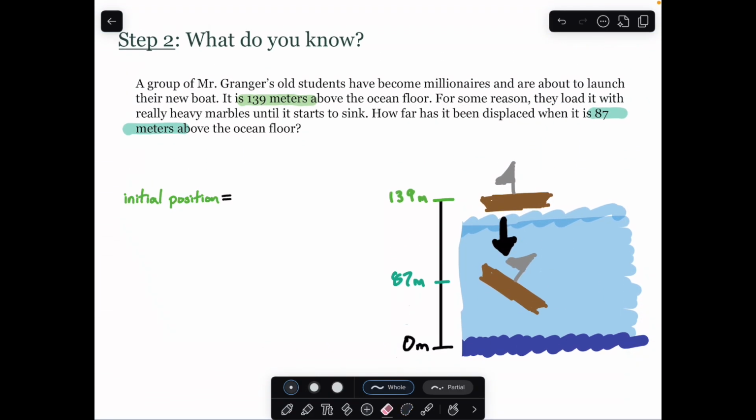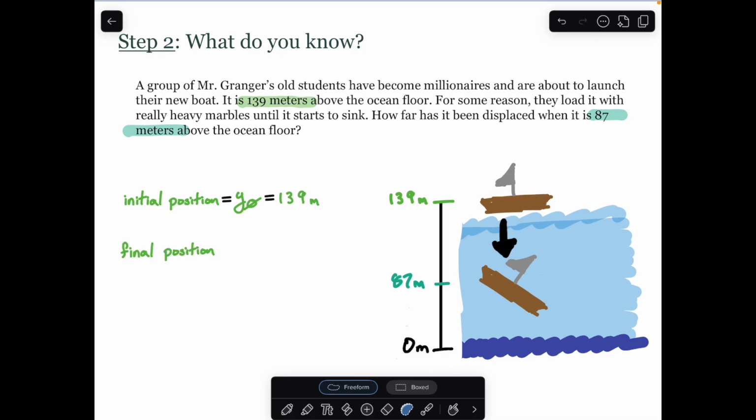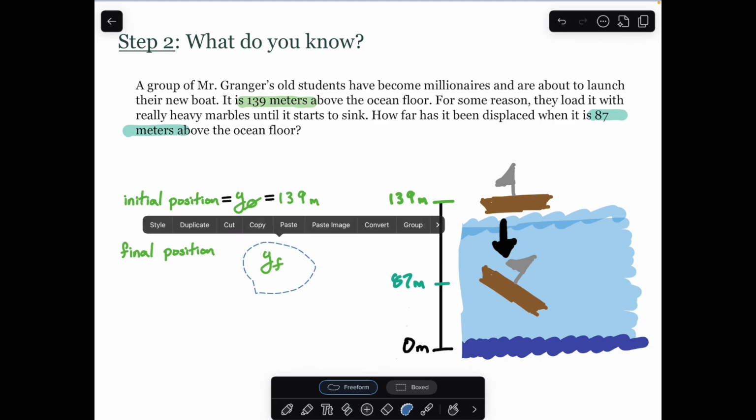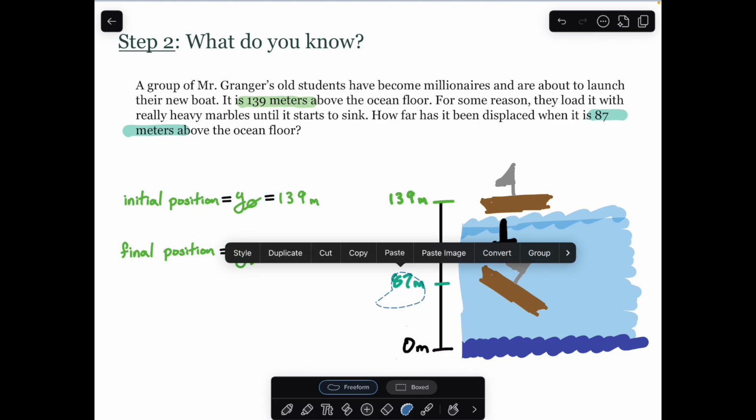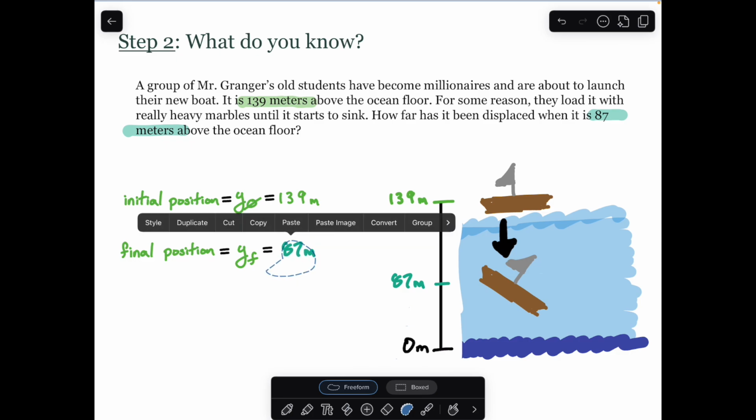Back here. For the initial position, we will use the variable y naught, and we will give it the value of 139 meters. And for the final position, we are going to use the variable y sub f, or yf, and we'll give it the value of 87 meters.